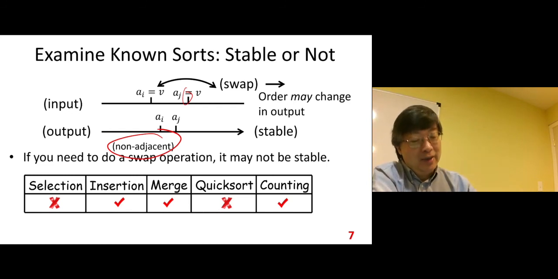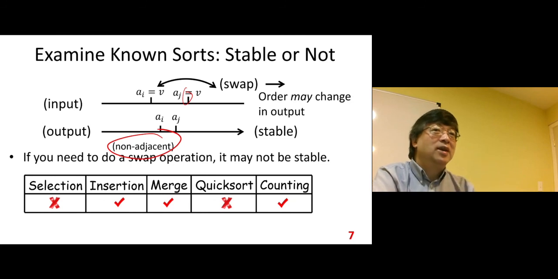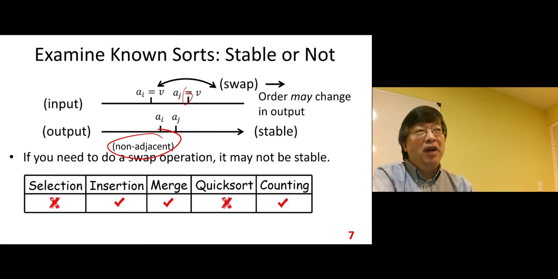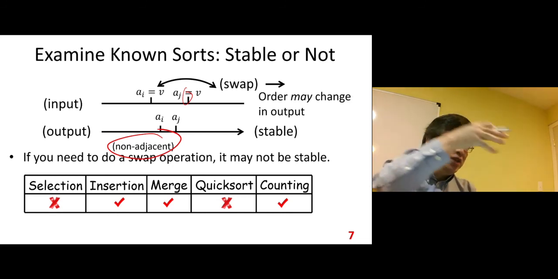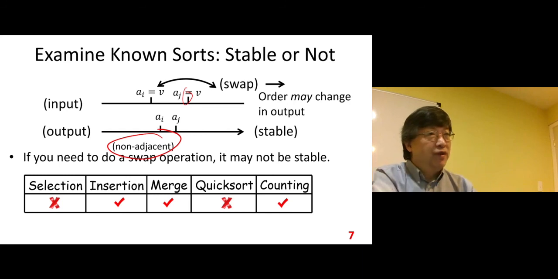So now you can see, with this concept, we can easily check if a sorting algorithm is stable or not. For a situation like digit by digit sorting, we want to preserve the order with the same current digit.